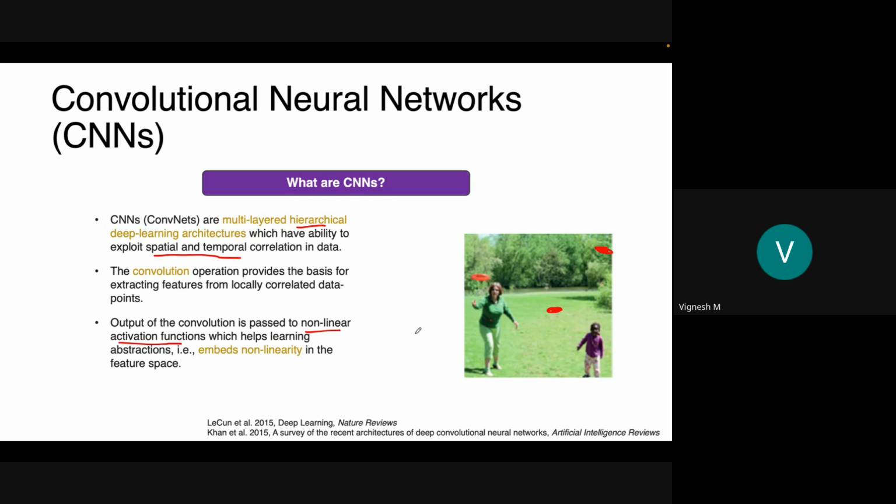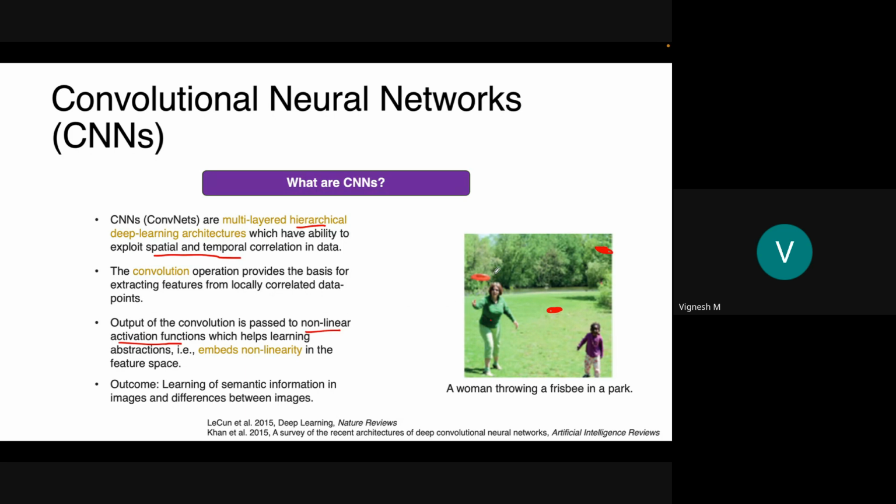semantics. And at the end of the day, the ultimate aim is to learn semantic information from images and differences between images, right? Like whether it's a cat or a dog, or in this case, if you use networks that can also generate text, it'll tell you that this is a woman throwing a frisbee in a park. So what is this semantic information? Semantic information is what is happening in the image.